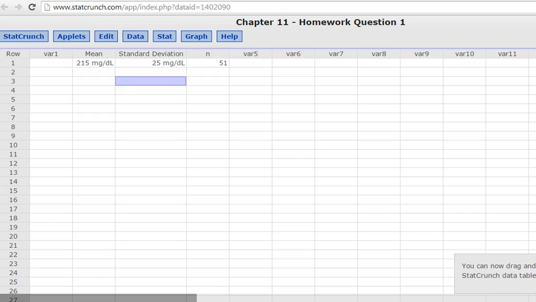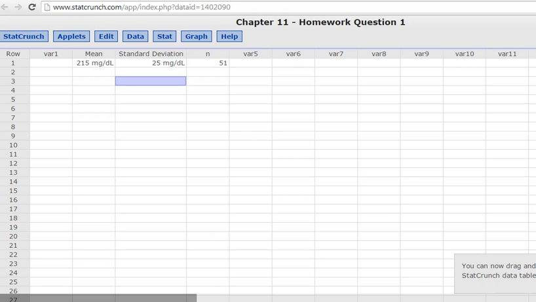If the cholesterol levels of a sample of 51 healthy U.S. adults is taken, we're asked what shape should the sampling distribution of the mean have? Well, we know that our population is normally distributed, so the sample distribution of the mean would also be normal.